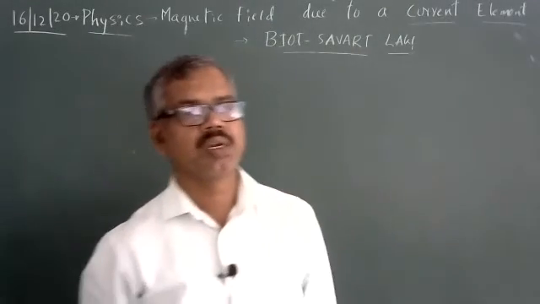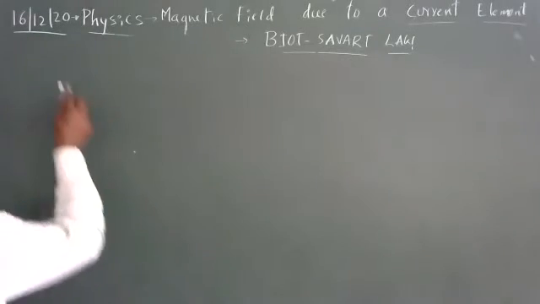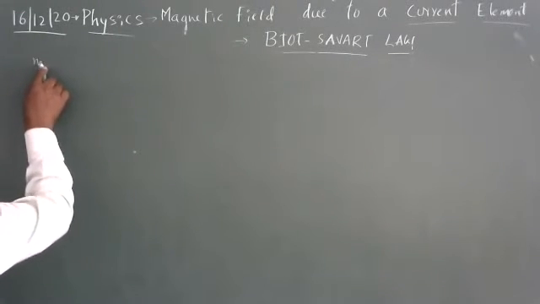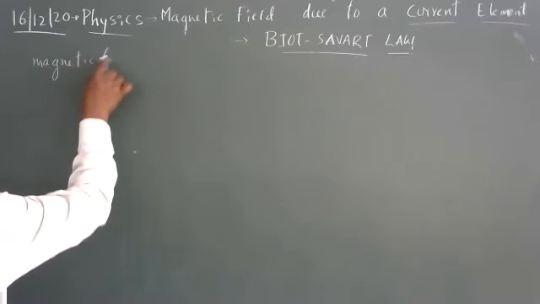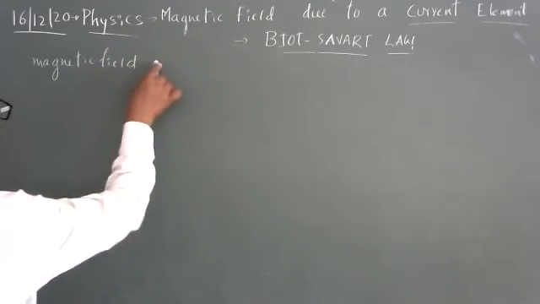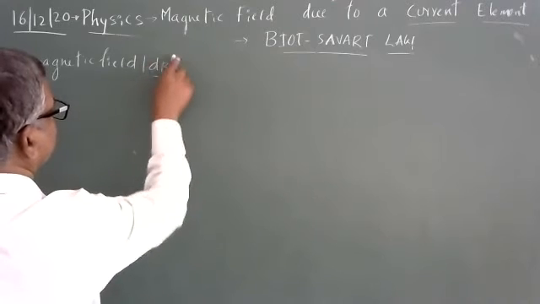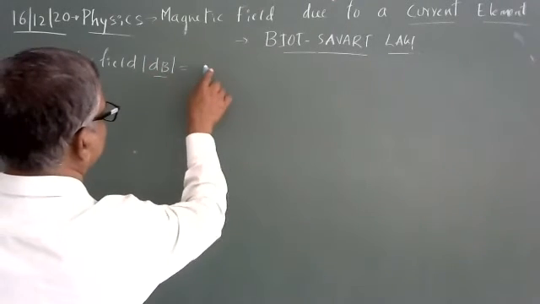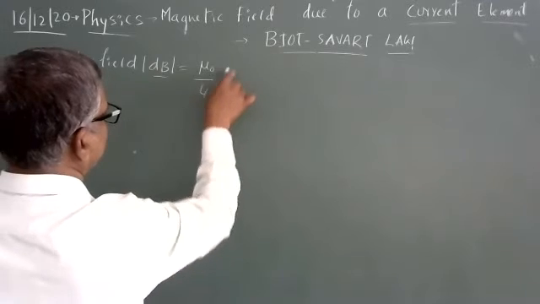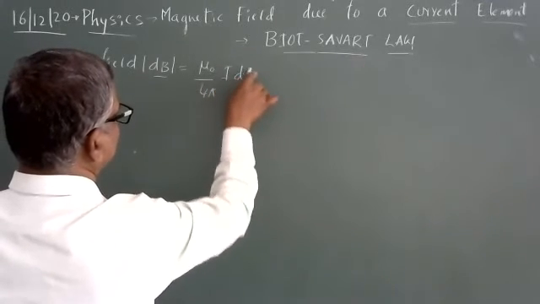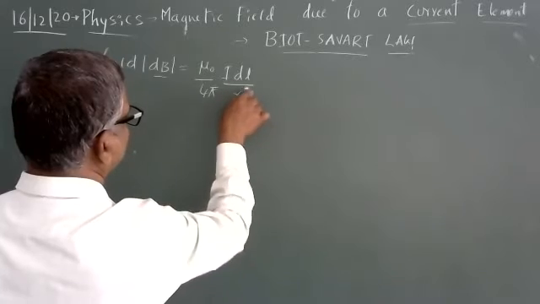We derived a small relation, a directly proportional relation. The magnetic field due to a current-carrying element, dB, is given by mu 0 divided by 4 pi, I dl sine theta over r square.